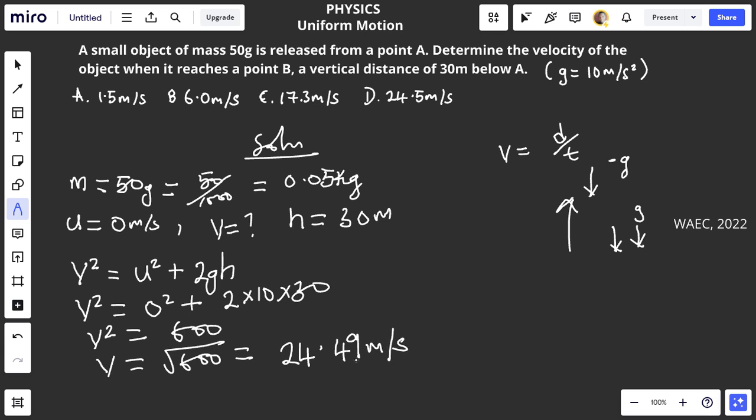So that's the final velocity. But what we have here is something that has been rounded. So if you approximate that, you have 24.5 meter per second. Option D. Thank you.